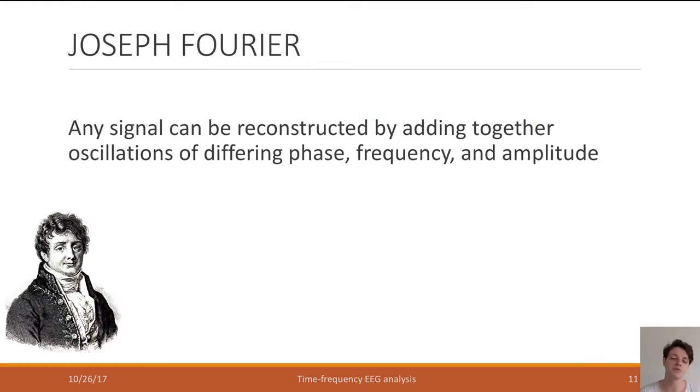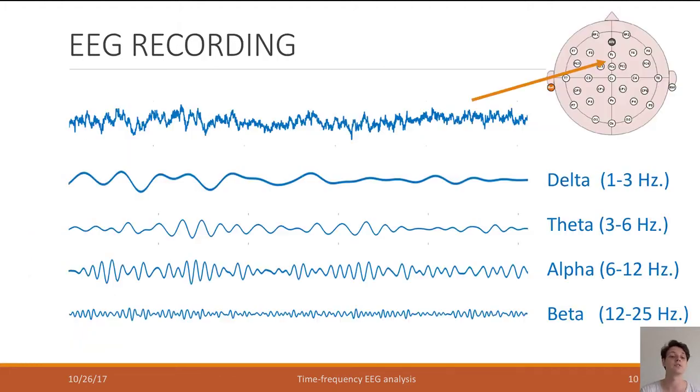One of the first and most important mathematicians to work with these sorts of oscillations was Joseph Fourier, and he posited that any signal can be reconstructed by adding together oscillations of differing phase, frequency, and amplitude. So this means that you can add as many sine and cosine waves as you want, and after a while you can get a signal which is as detailed as an EEG signal.